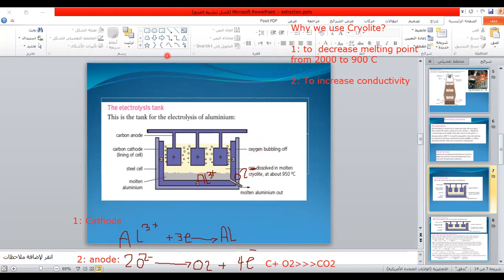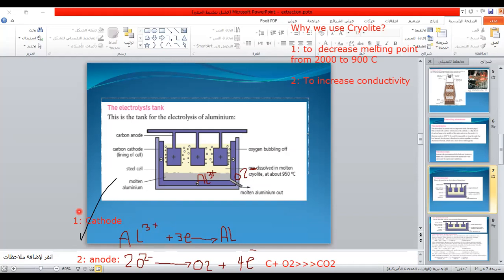Yes, okay. So how many equations, Abdurrahman, do we have? What is the first one? Cathode. Al 3 plus will gain 3 electrons to be Al.